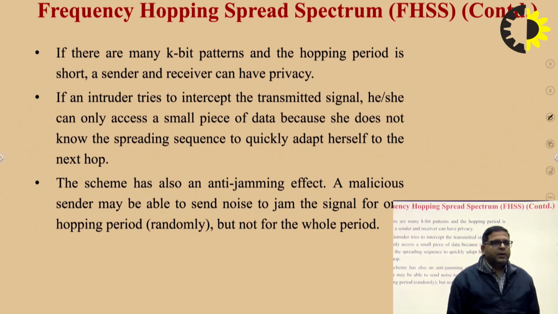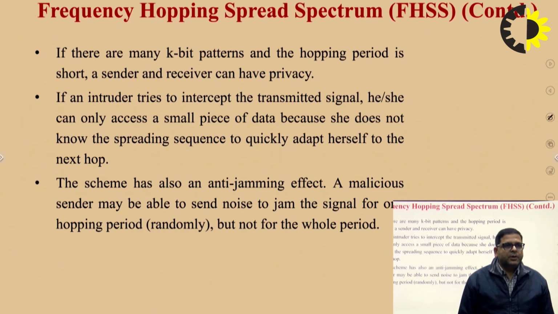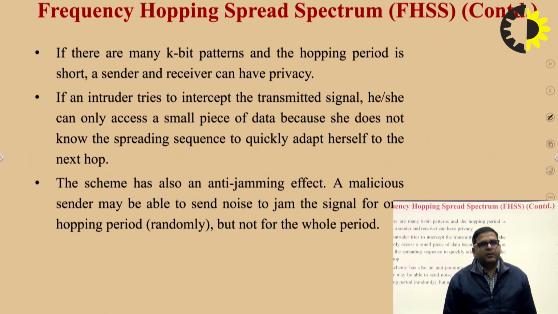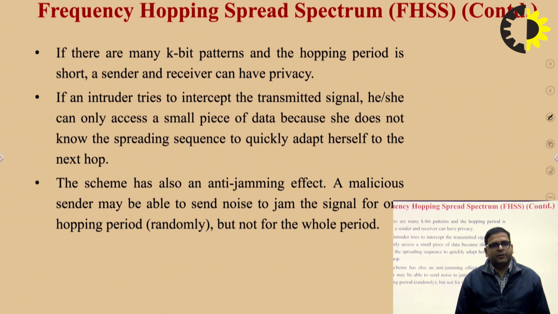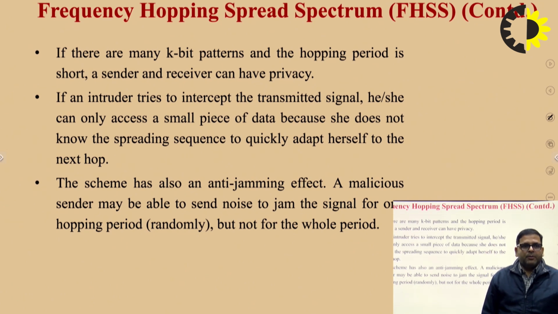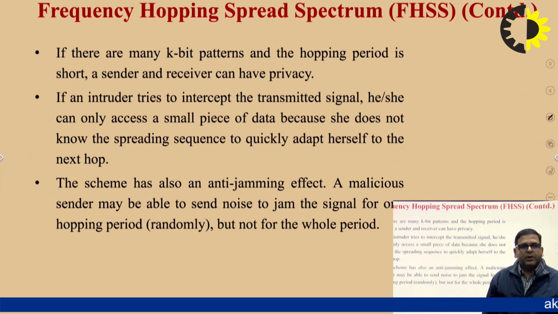If an intruder tries to intercept the transmitted signal, he or she can only access a small piece of data, because she does not know the spreading sequence to quickly adapt to the next hop. This scheme also has an anti-jamming effect. A malicious sender may be able to send noise to jam the signal for a hopping period, but not for the whole period of transmission.